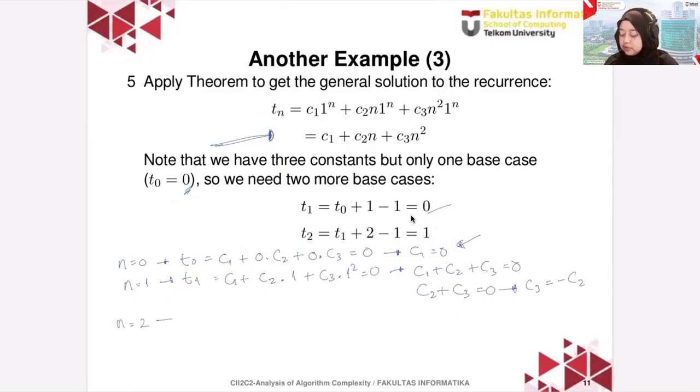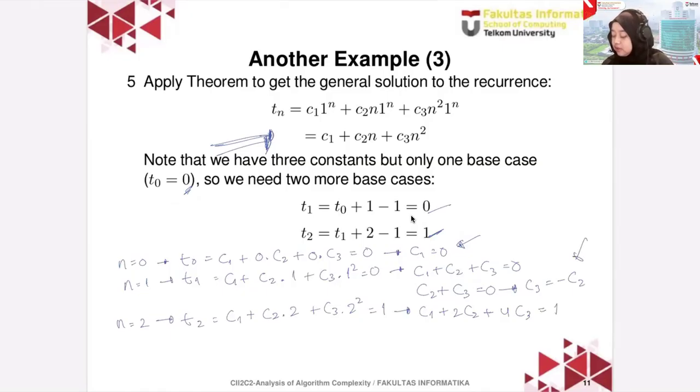And when n equals 2, you have T2 equal to, substituting into this again, C1 plus C2 times 2 plus C3 times 2 squared, and it must be equal to 1. So you will have C1 plus 2C2 plus 4C3 must be equal to 1.